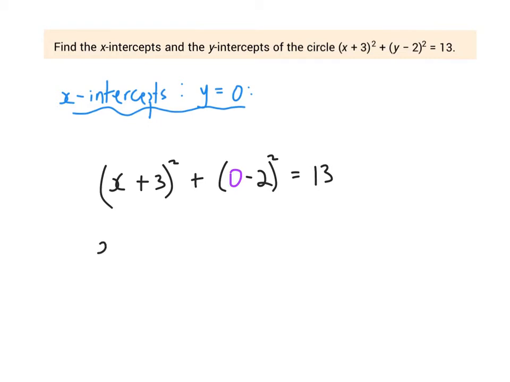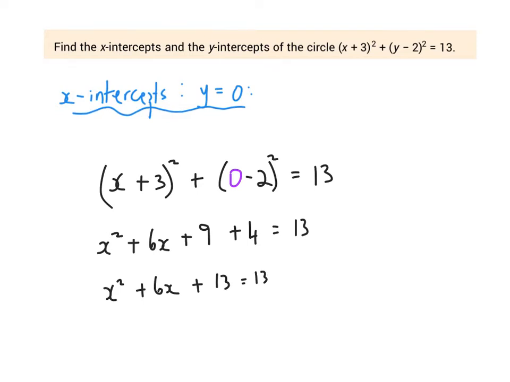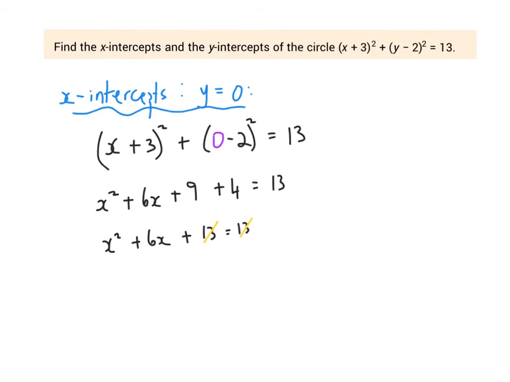So let's expand that out and solve. That's x squared plus 6x plus 9 plus (minus 2) squared, which is plus 4, is equal to 13. So x squared plus 6x plus 13 is equal to 13. So minus 13 from both sides, they cancel, and that gives us x squared plus 6x equal to 0, which is x times (x plus 6) equal to 0.